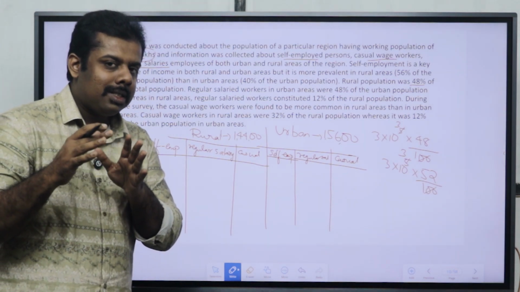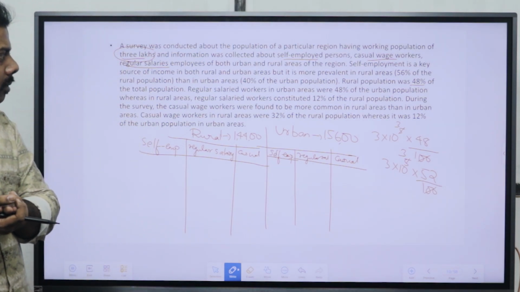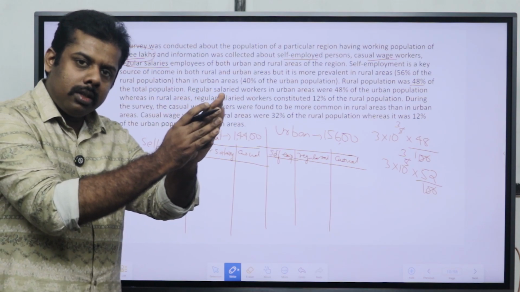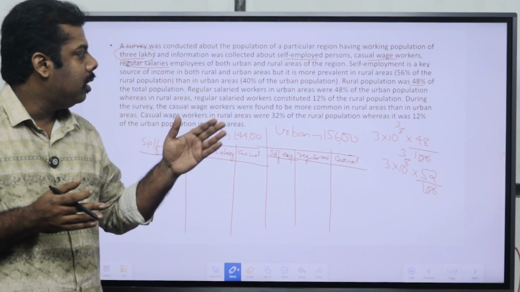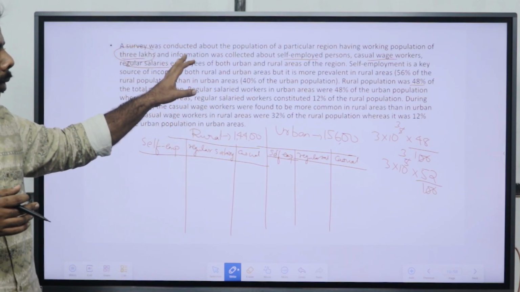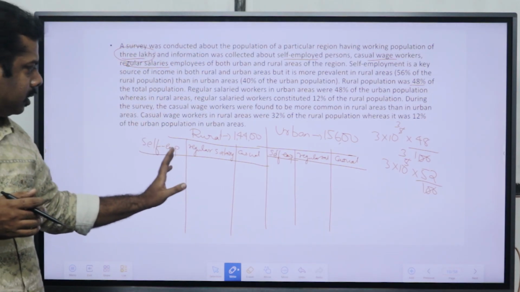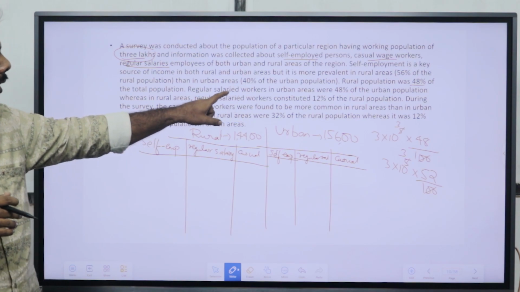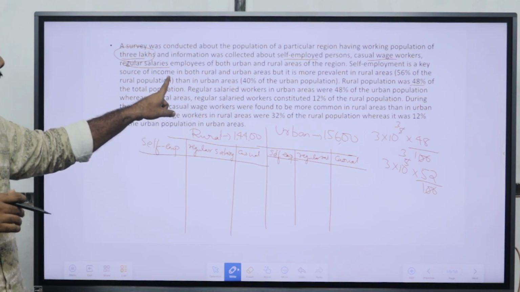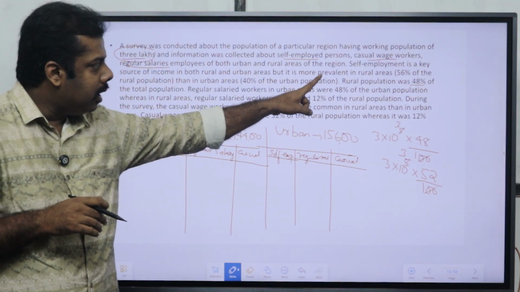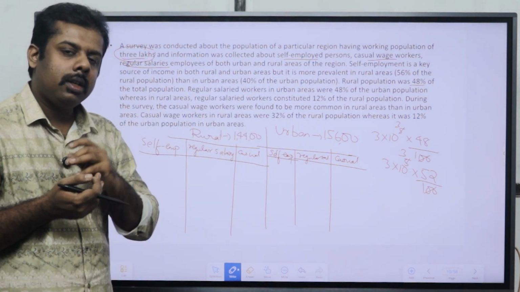They are not coming under casual or regular. These three categories are there, and they have already told us how much: 56 percent in the case of rural.